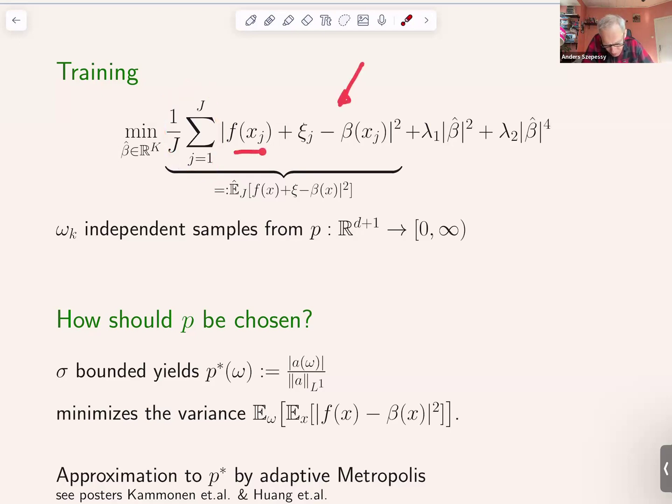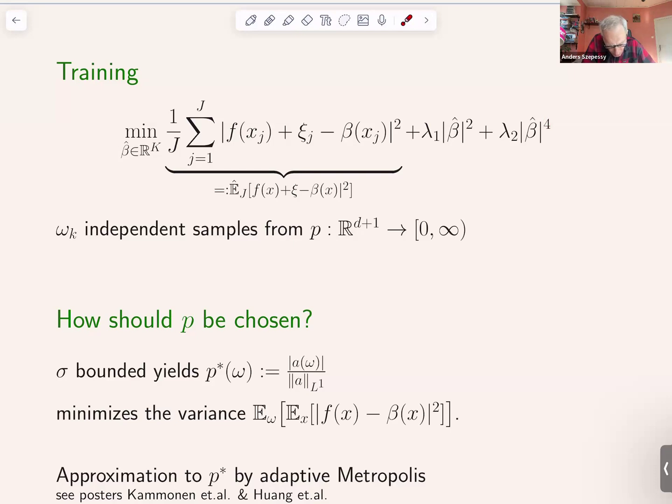So here y_j is this, and then we have the neural network function. And then we have two penalties. This is the standard penalty, lambda 1, on the L2 norm of the amplitudes. And then we also will use the amplitudes to the power 4.